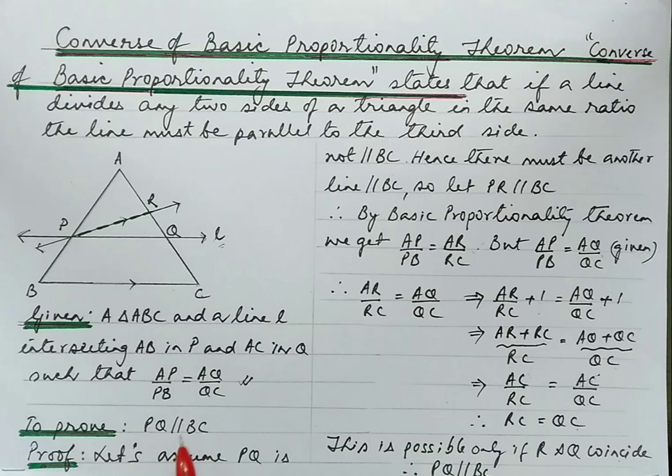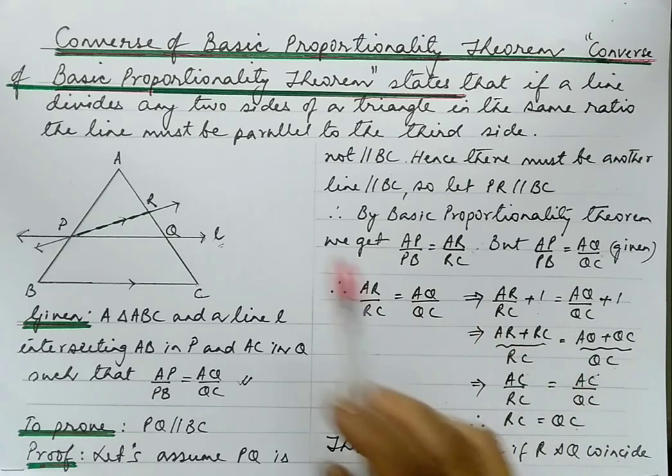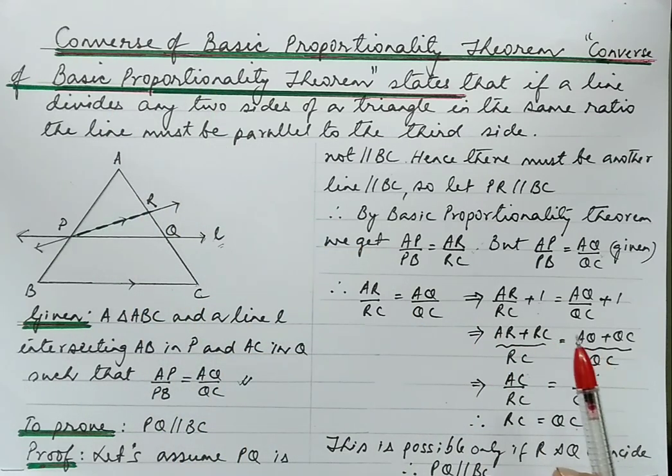This was what we had to prove: PQ is parallel to BC. Alright guys, this was a smooth walk. It wasn't difficult, neither was it rocket science. It is very easy, just that the converse is not generally liked by us, so we get a little taken aback.